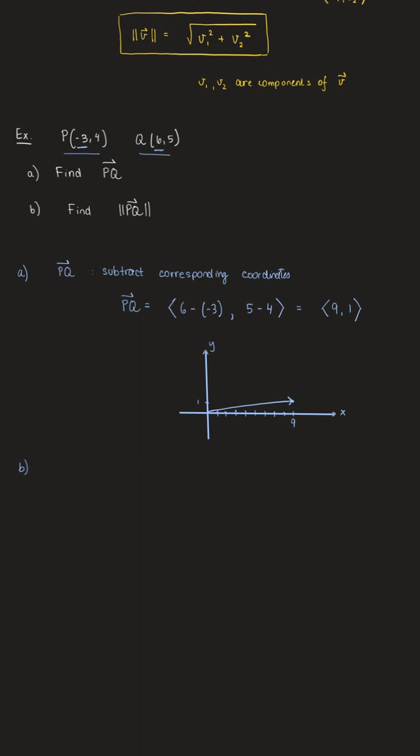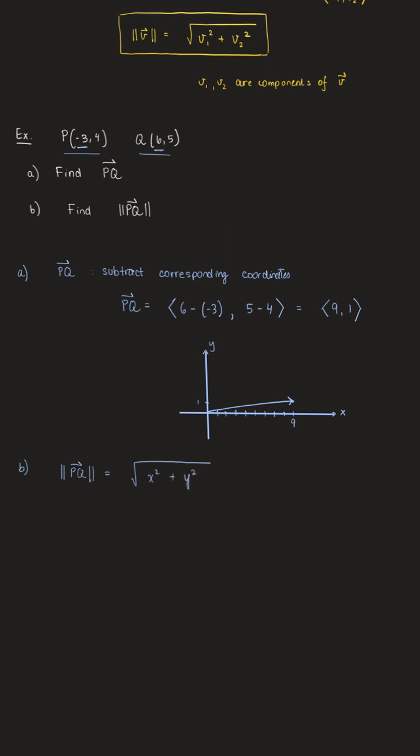Now let's find the magnitude of this position vector. To find the magnitude of PQ, since it's a position vector, all we need to do is take the square root of the components of PQ, x and y. So x squared plus y squared.